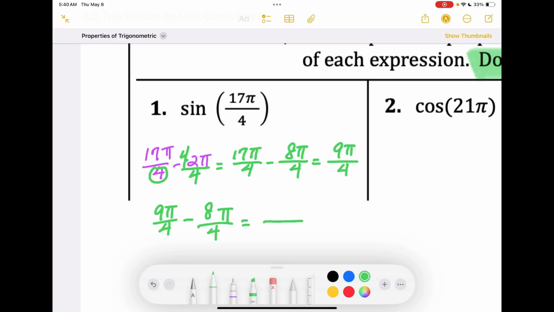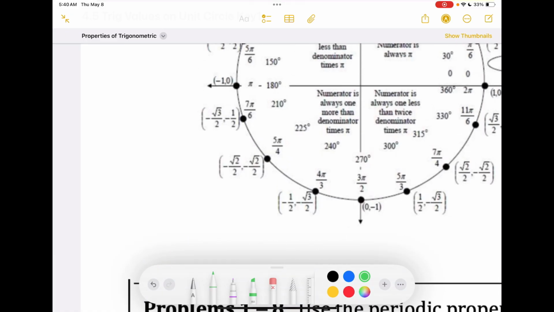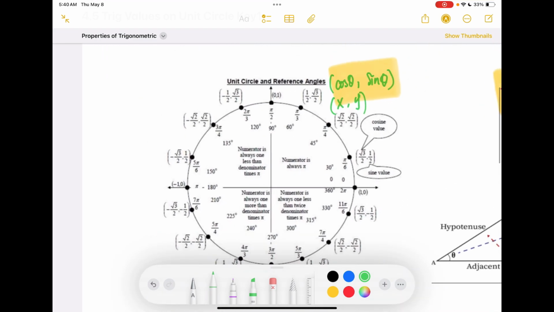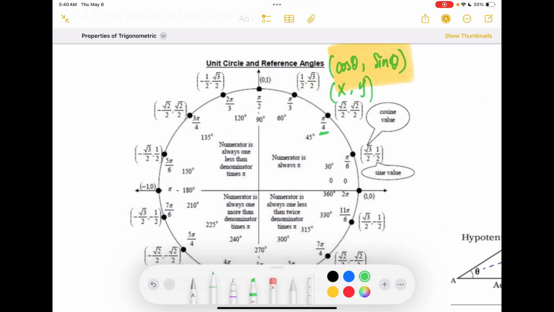I can write this as 8 pi over 4. So now I got pi over 4. Well, pi over 4 is on the unit circle, right here.